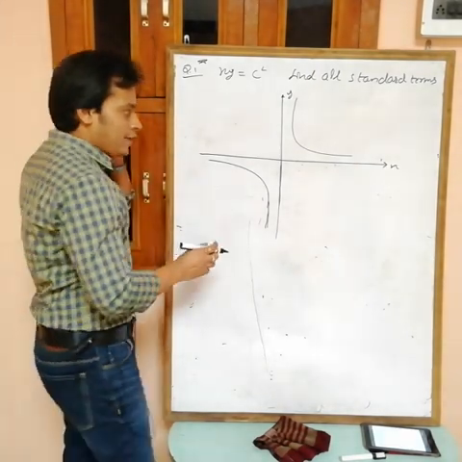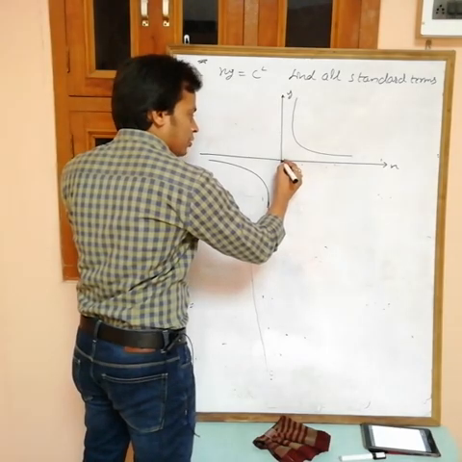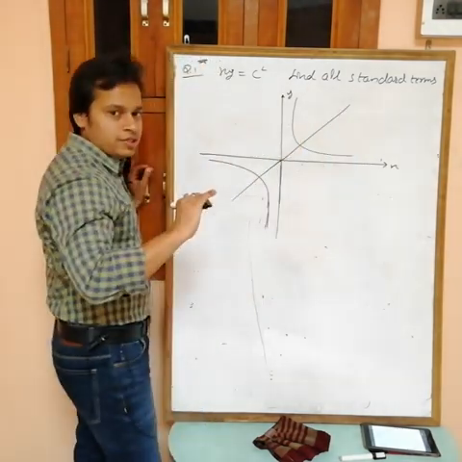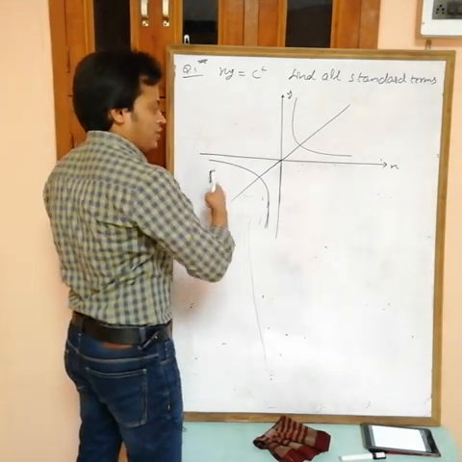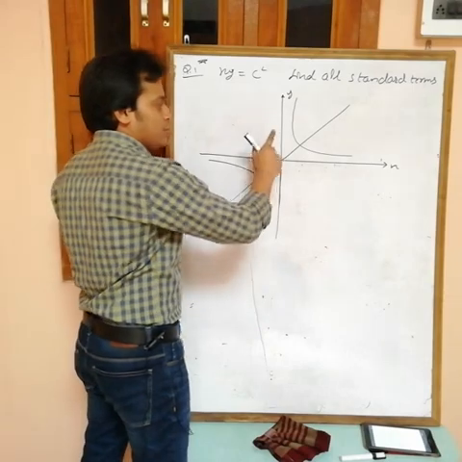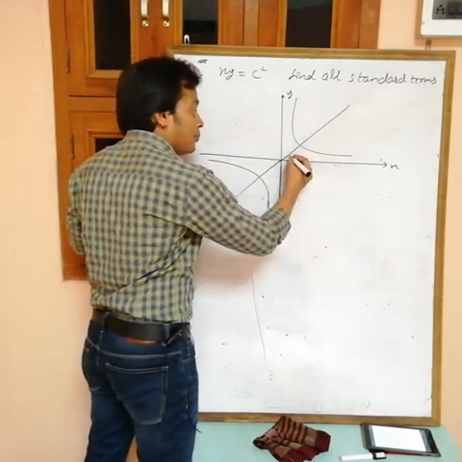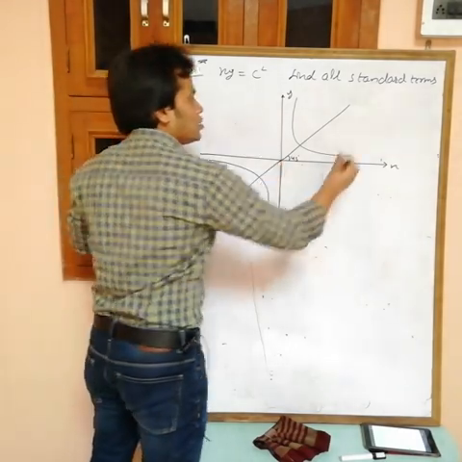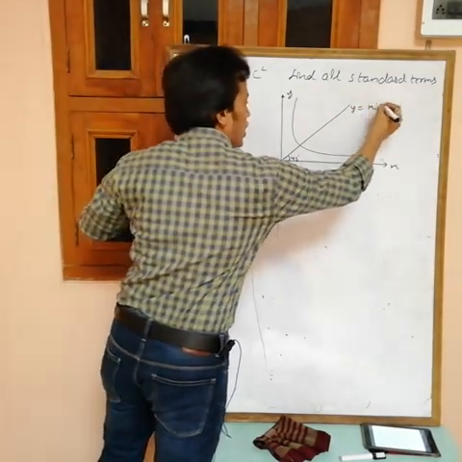Okay, and I can say that we have a line. Suppose this is the transverse axis, because the hyperbola always lies along the transverse axis. If this is the transverse axis, then these asymptotes must make an angle of 45 degrees with it. If this angle is 45, then the equation of this one is y equals x.